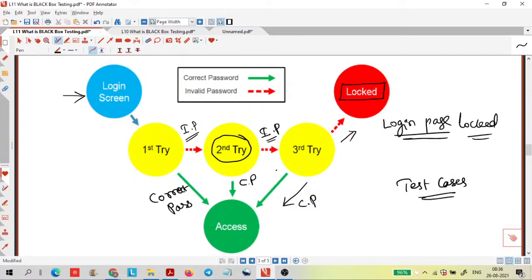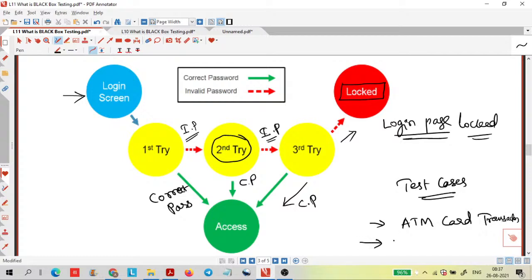Even for the ATM card transaction also, they give three tries to provide the correct password, and in the third time if you do the transaction with a wrong one, then your card will be blocked.